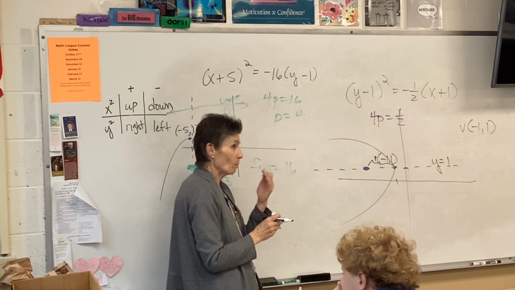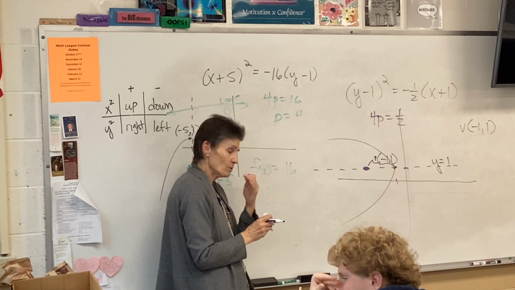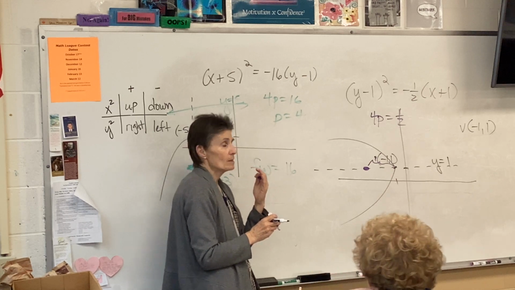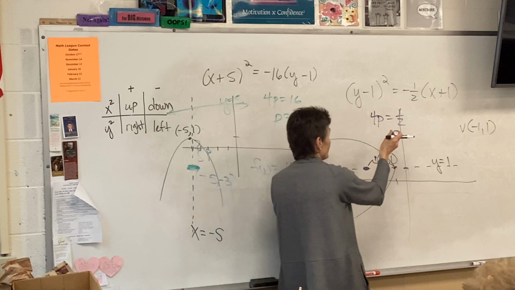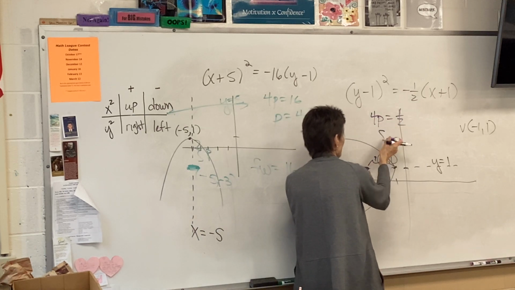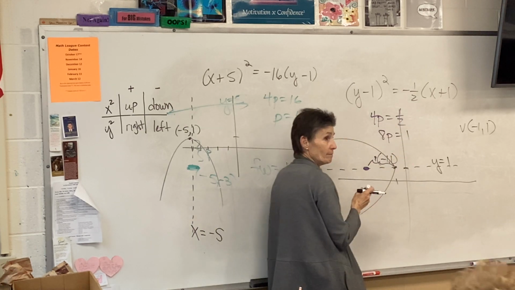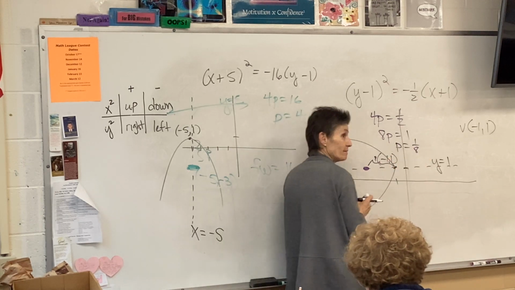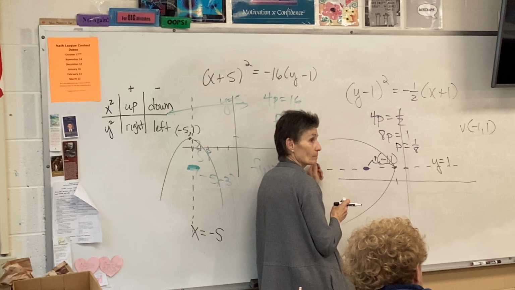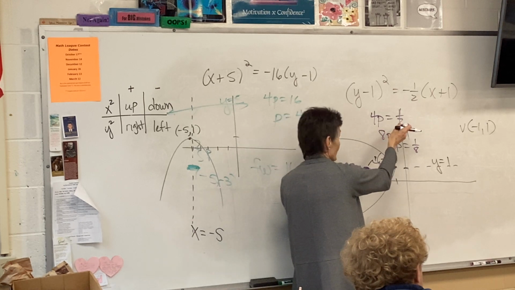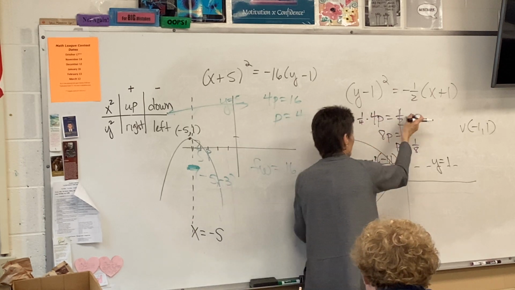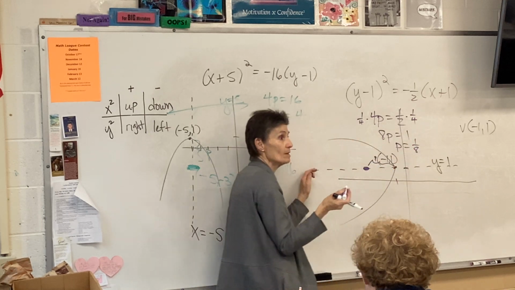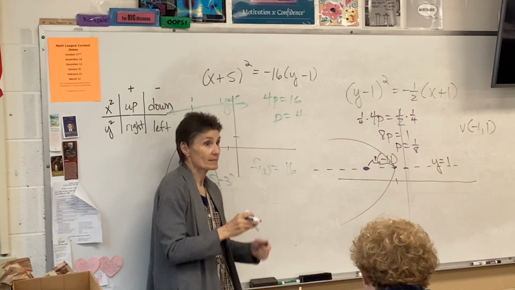Now you got to figure out what P is. And some of you just don't like fractions. So one option you have is to say, okay, I'm going to times by 2. So 8P is 1. And that makes P 1/8. Or if you want, you can go back to the original thing I had and multiply both sides by 1/4. It doesn't matter. But you got to figure out that P is 1/8.